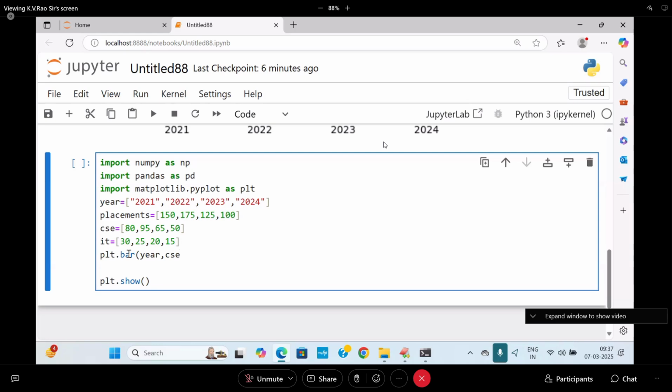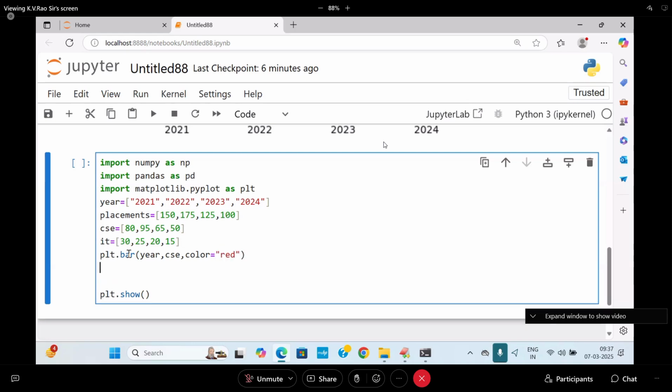As in the last class, I also add color equal to some different color; something like red. Next I will write plt.bar of the same year only, and now I'm going to write IT, so year, IT.